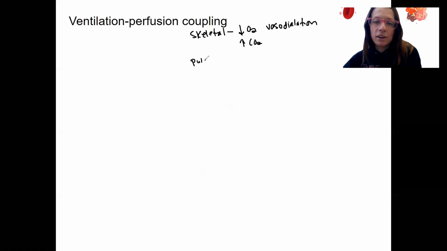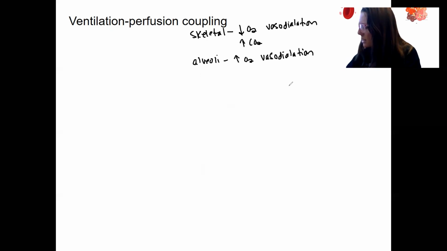So in the alveoli, it's going to be high O2 that causes vasodilation. That kind of makes sense, right? If we have high oxygen, we want to have more blood flow to get that oxygen to the body.